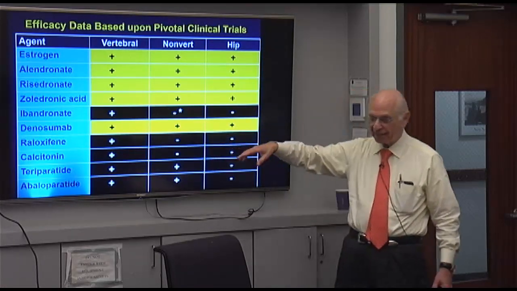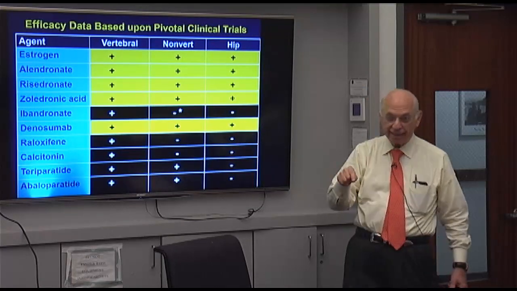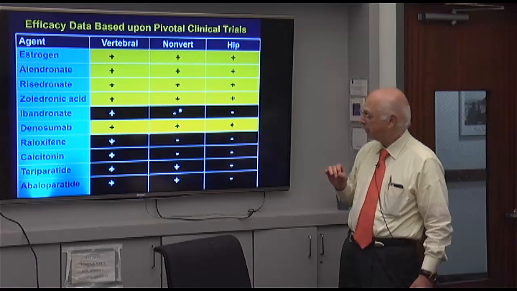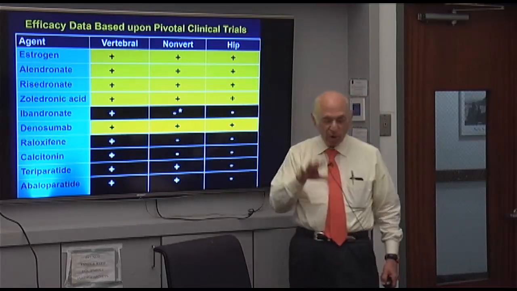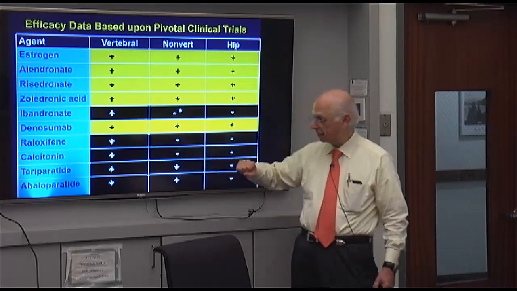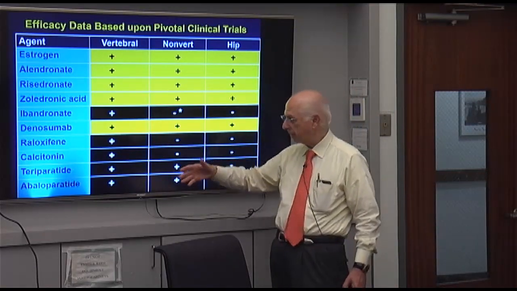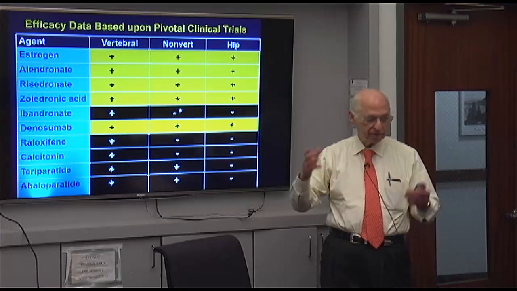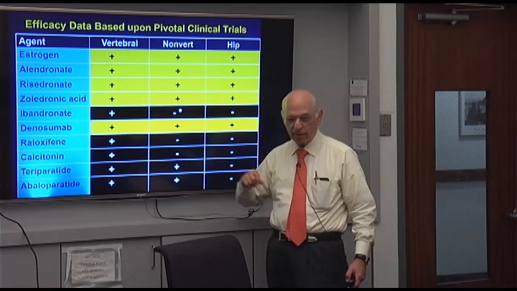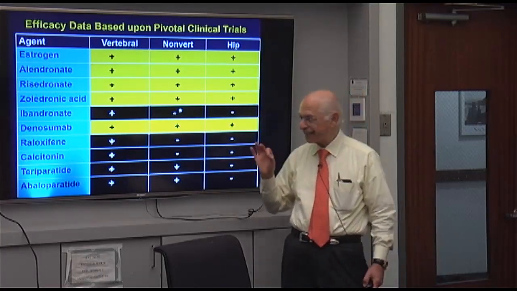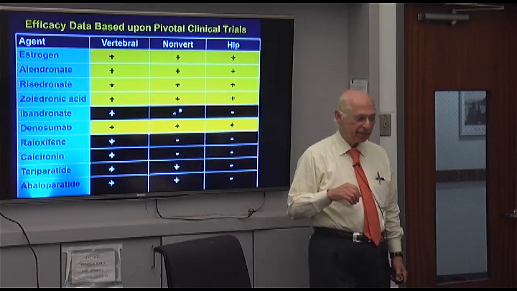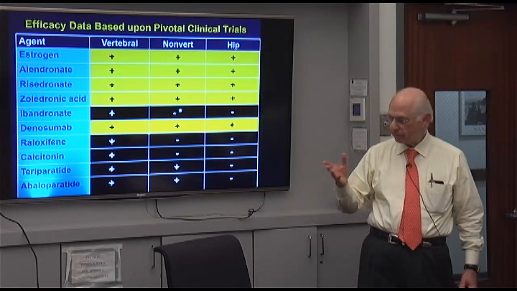Denosumab is Prolia in both countries. Raloxifene is Evista. Is it Evista in Italy? Yeah. Calcitonin is calcitonin. Teriparatide is Forteo or Forsteo. Very good. Thank you.